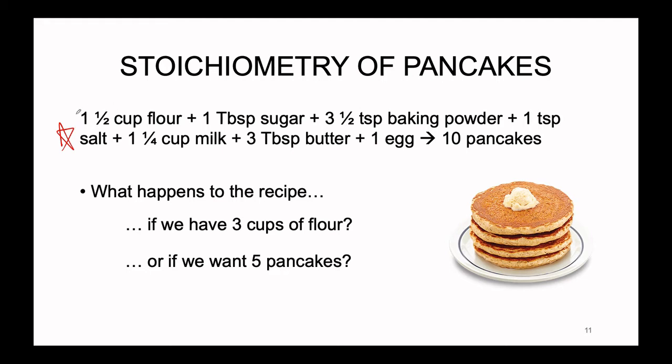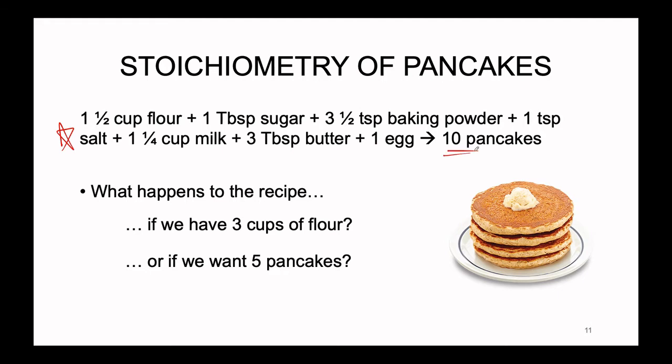If we take 1.5 cups of flour, 1 tablespoon of sugar, 3.5 teaspoons baking powder, 1 teaspoon salt, 1.25 cups milk, 3 tablespoons of butter, and 1 egg, blend them up in a bowl, and bake them on your stovetop or on your griddle, you should get 10 pancakes on the other side.